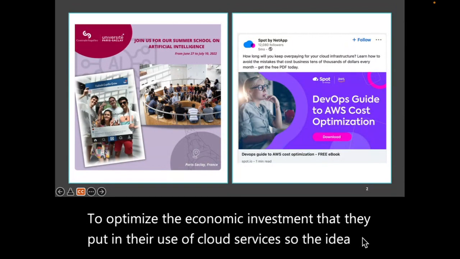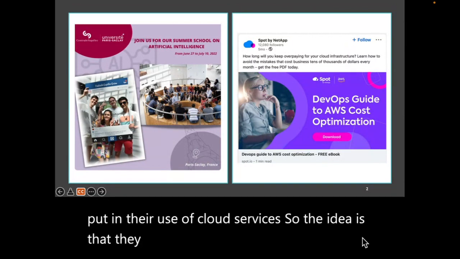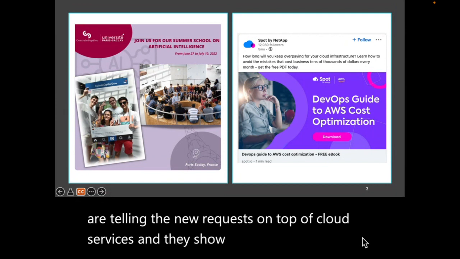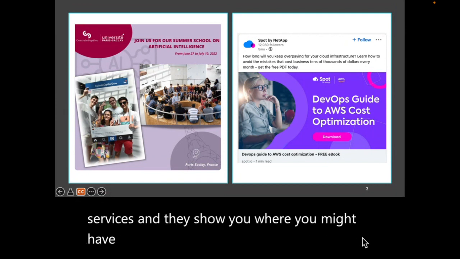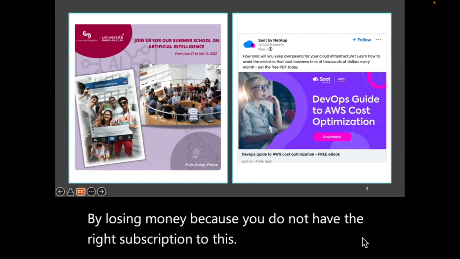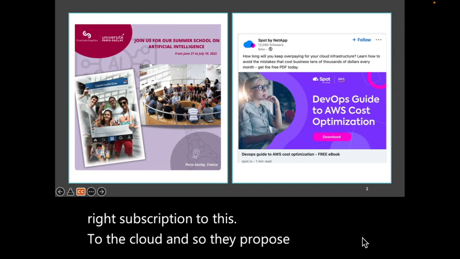They propose meters and servers that meter your requests on top of cloud services, and they show you where you might have holes and be losing money because you do not have the right subscription to the cloud, and so they propose solutions.